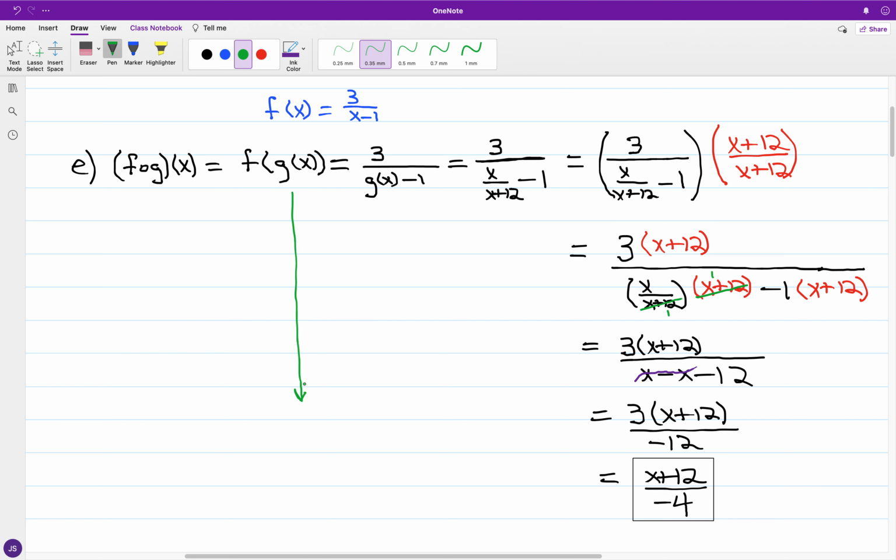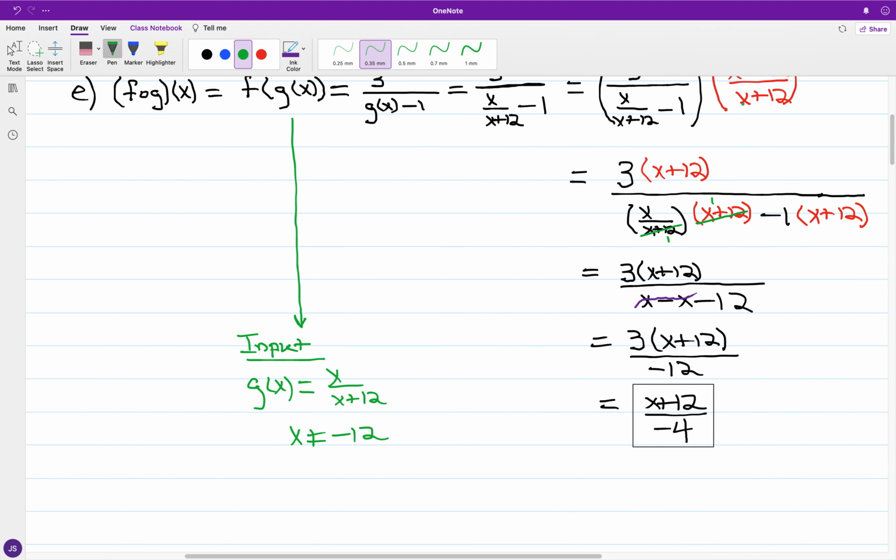So for the input we have g of x, and g of x we have equal to x over x plus 12. And again, the only restriction for g of x is that x cannot be negative 12.